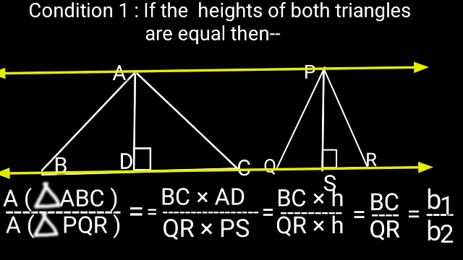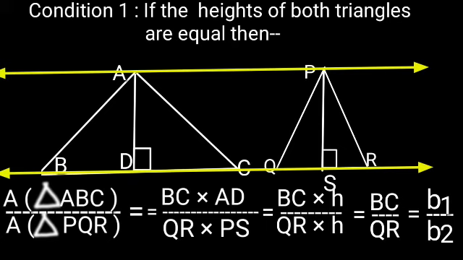Condition first: if the heights of both triangles are equal, then we have to learn what the ratio of the areas of those triangles is. Area of triangle ABC upon area of triangle PQR is equal to BC into AD upon QR into PS.